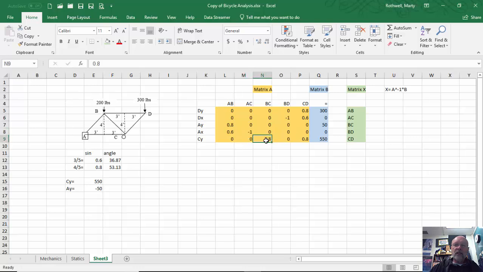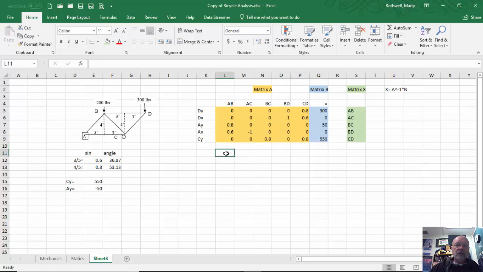This beam solves for CD, this one solves for BD, this solves for AB, this solves for AC, and my last one I chose C of Y, so I said 0.8 of BC, which is the vertical part here, and 0.8 of CD will equal 550. Okay, so that's the expression.